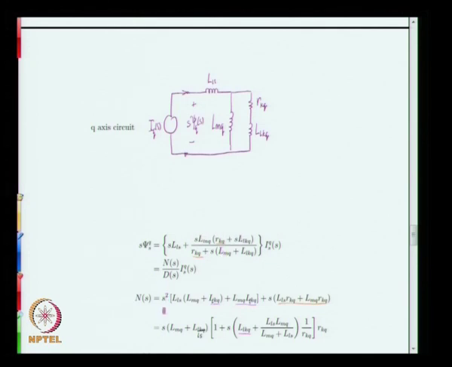So, you have s square LLS multiplying LMQ plus LLKQ, that is there here, and then you have s square LMQ LLKQ, that is coming here, and then you have the s term that comes basically from these two and s term multiplying this constant. So, you have s plus LLS RKQ, that is there here, and then LMQ RKQ, that is there here.